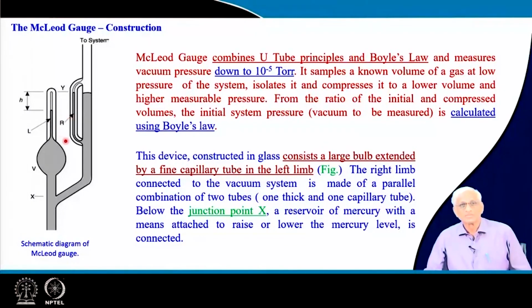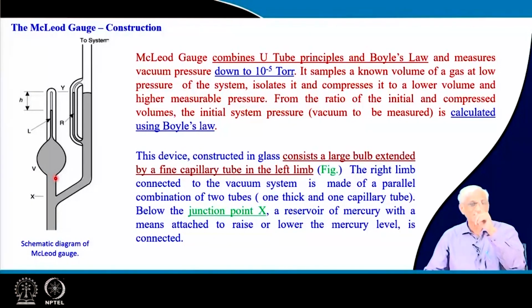You can connect a diaphragm pump with a reservoir of mercury and make it go up and down just by rotating. So when you lower the mercury, a sample of gas is collected. It becomes a sample when you are raising it. If you cross X, then it is isolated. It is like a rotary pump: collect the gas, isolate it, compress it.